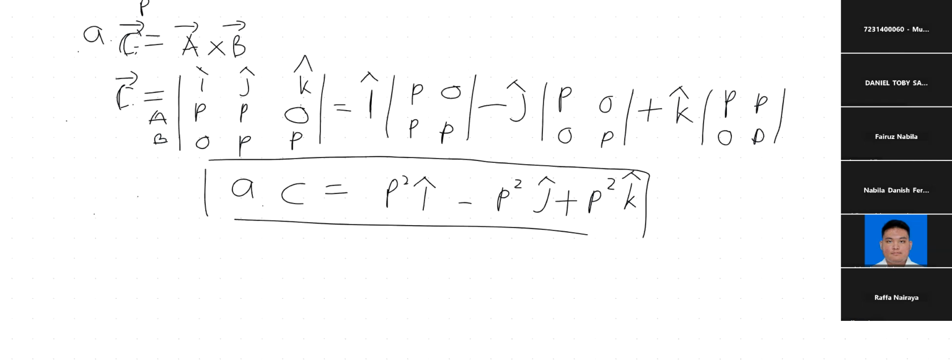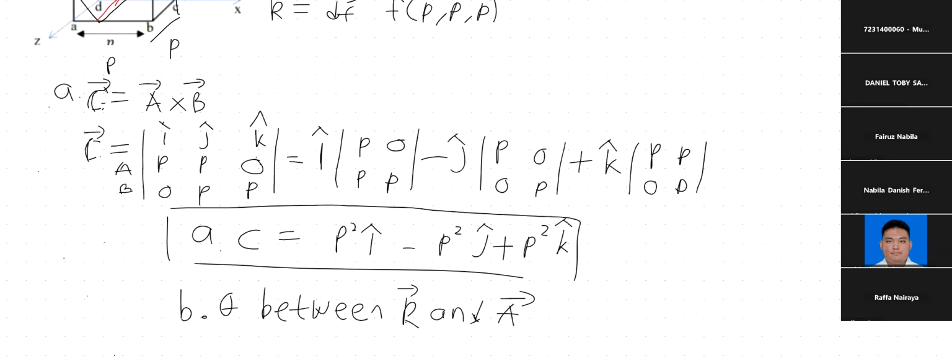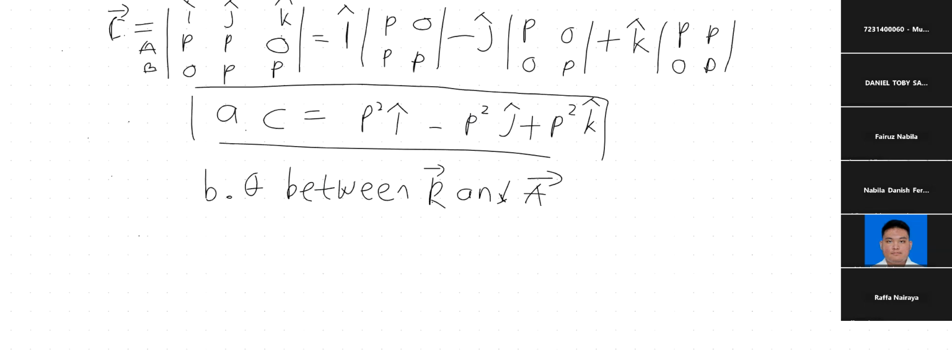Now let's take a look at question B. Theta between R and A. So from this, we know that R is equal to D to F, which is equal to this.